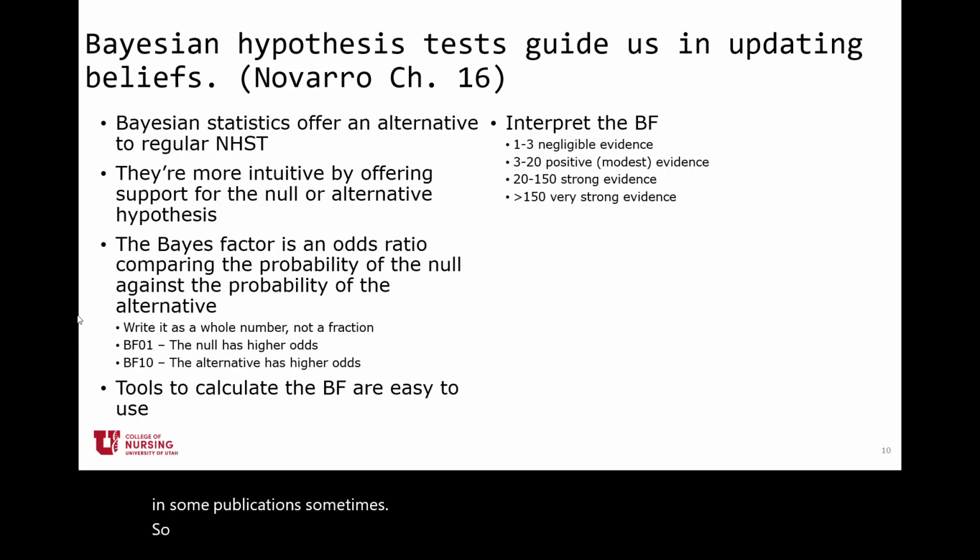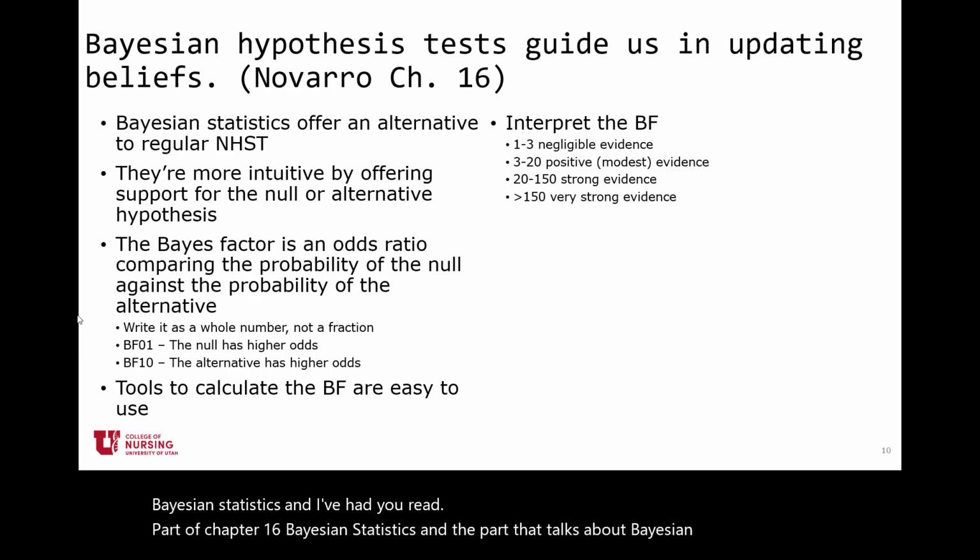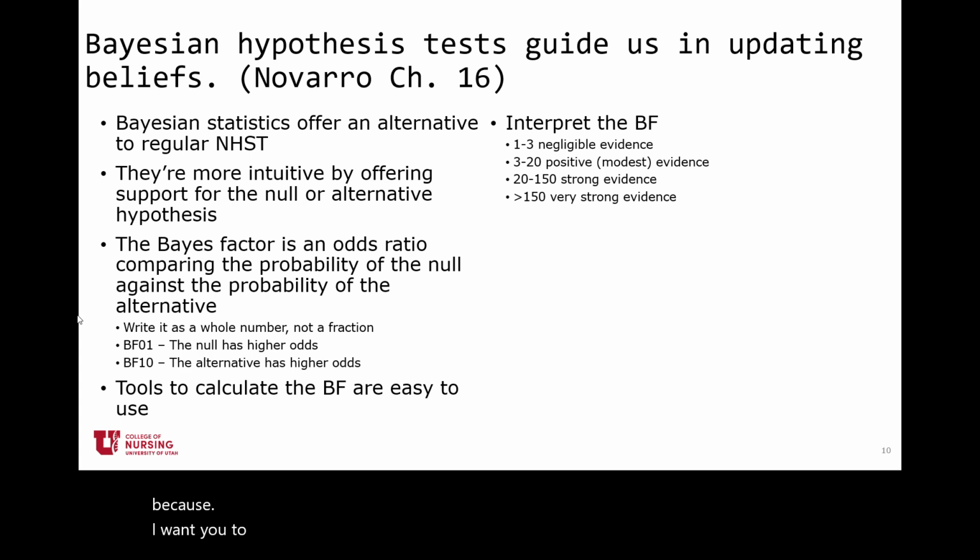Navarro in their text mentions Bayesian statistics, and I've had you read part of chapter 16 on Bayesian statistics and the part that talks about Bayesian hypothesis tests, because I want you to be aware that there is an alternative out there.